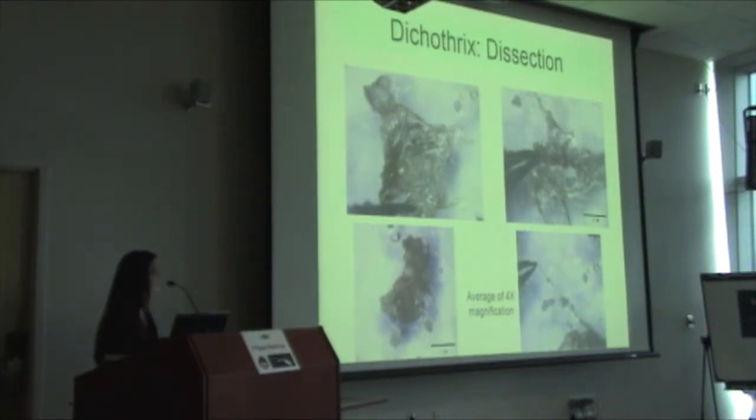I used an average of 4 times magnification while dissecting. You can see there's a lot of ooids, and around here there's lots of sand. I had to pick that off. But that's what Dichothrix is. It's a cyanobacteria. It's sort of green in color.